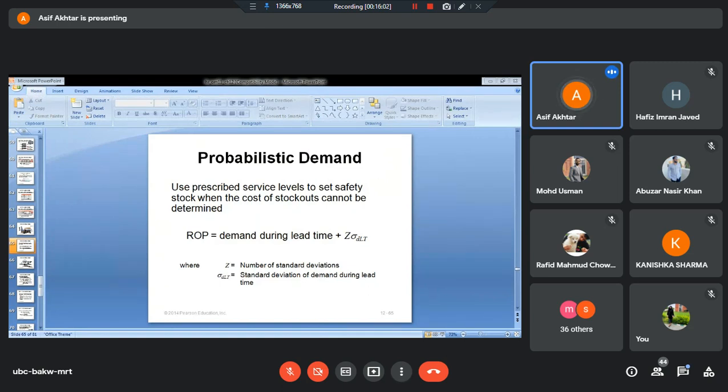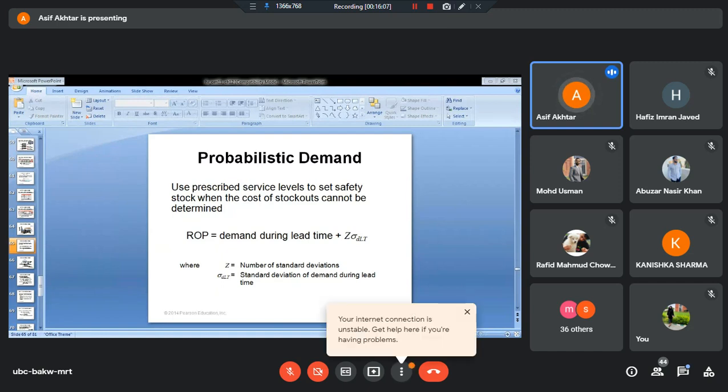This sigma is nothing but the standard deviation of the demand.